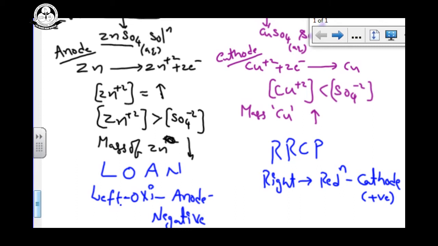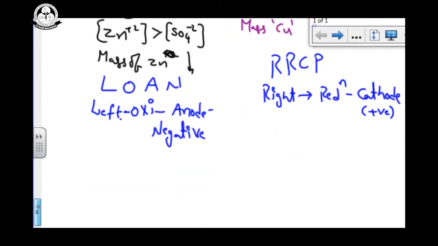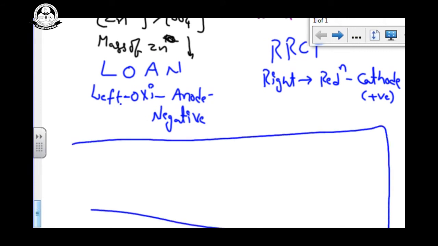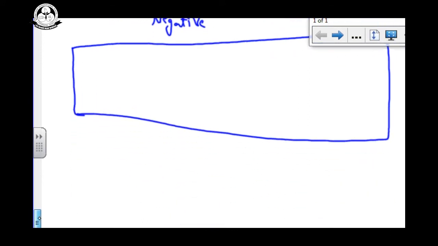Clear? See, I am going to write down the differences between galvanic and electrolytic cells. These are cell constructions. Later you can give a small gap here, and later I will fill this gap.